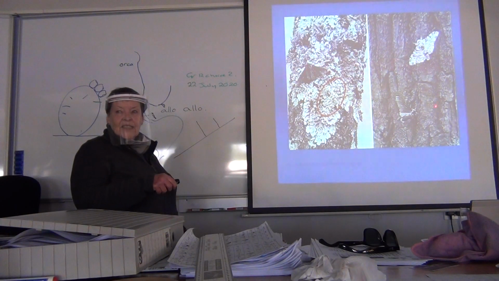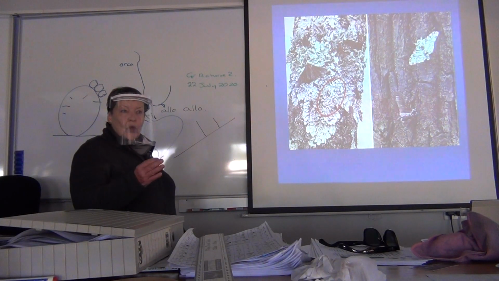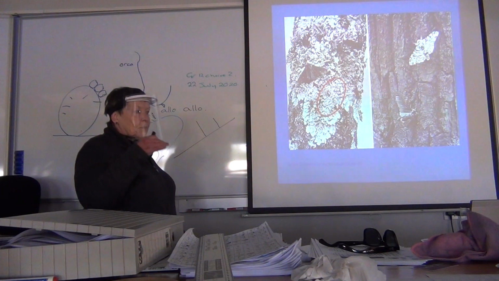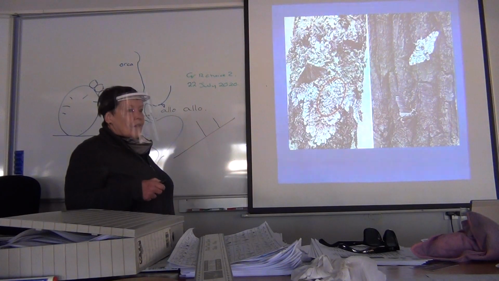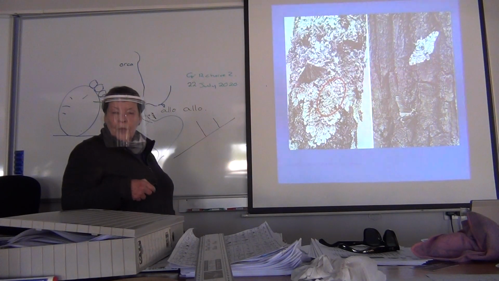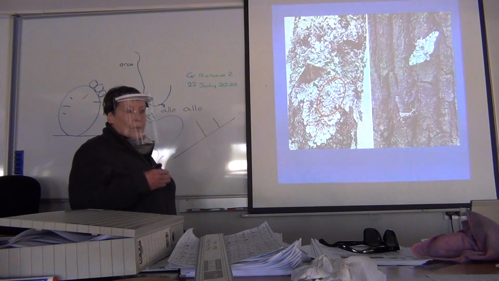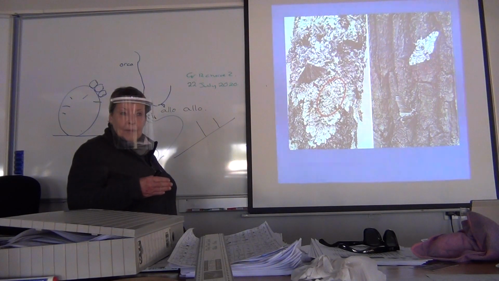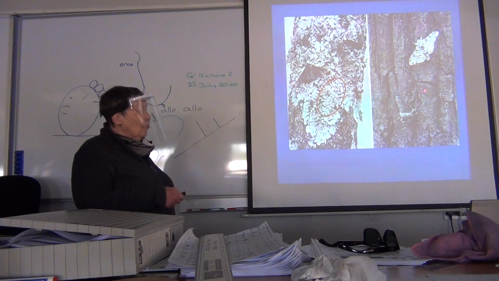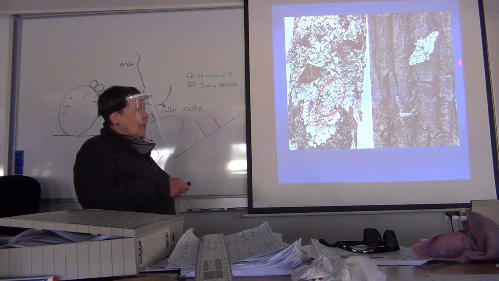And then in the 1970s, along came all the environmentalists who went, no pollution, whatever. The pollution laws were brought in. Factories had to filter their emissions from their chimneys, etc. And over time, what has happened is the trees have developed lichen again. And there's a reversion from this ratio back to this ratio.